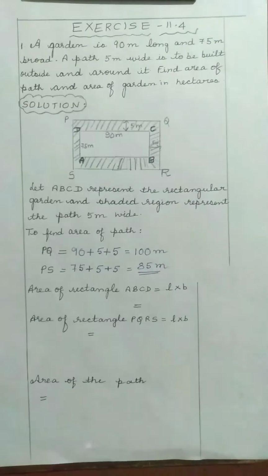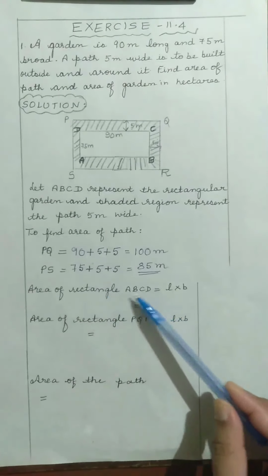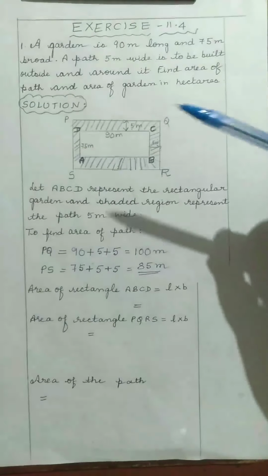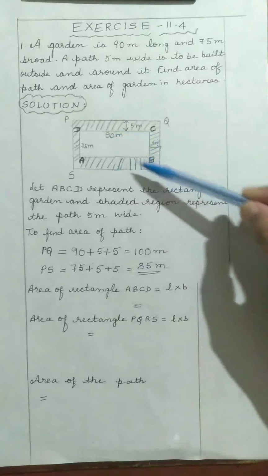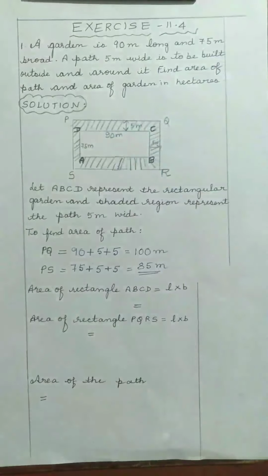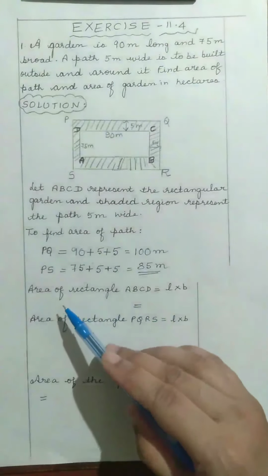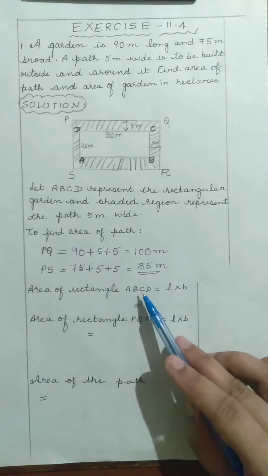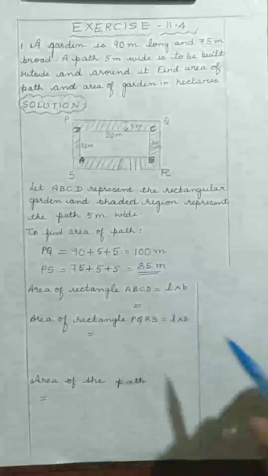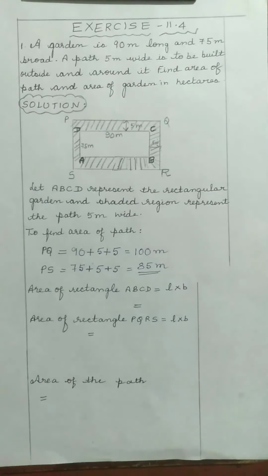Next, after getting these values, the next step is we need to find out the area of rectangle ABCD. We know that the length of the rectangle ABCD is 90 meter and breadth is 75 meter. So, on applying those values, in the next step to find out the area of the rectangular garden ABCD, we should apply the formula for the area of the rectangle.